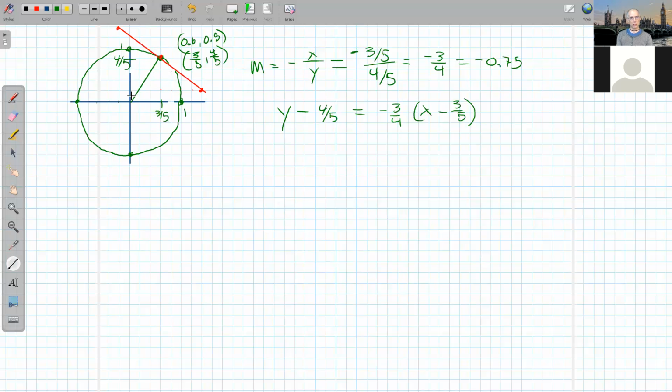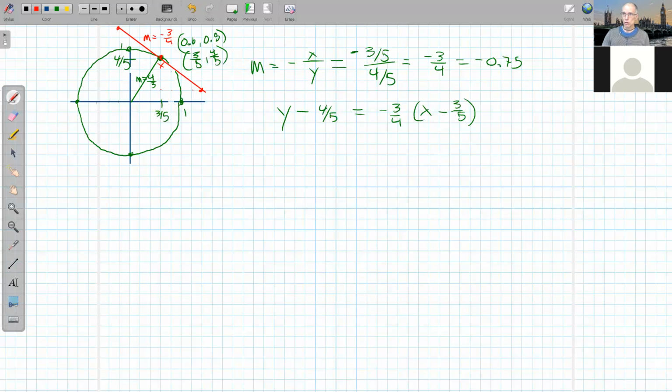And this one right here goes up 4, right 3, and so the green slope, m, is 4/3, and the red slope, m, is -3/4. And hopefully you remember that perpendicular lines have slopes that are negative reciprocals of each other, which I definitely see there.